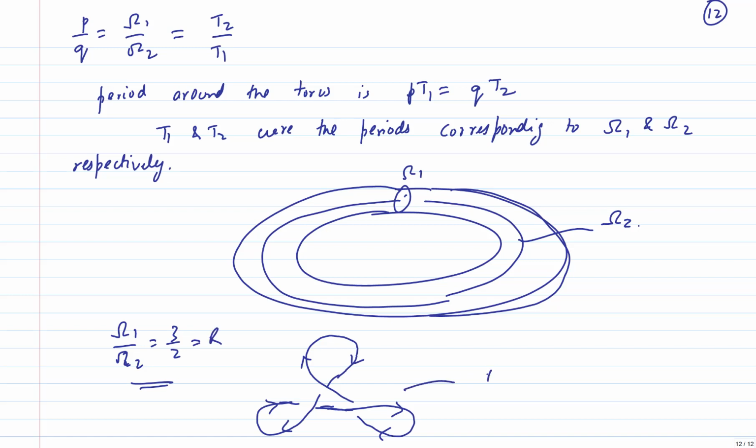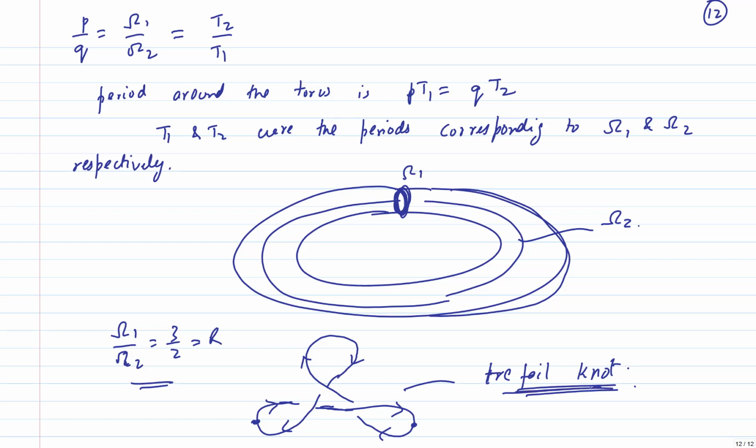You are going to get a trefoil knot, which essentially means that once you cover an entire rotation on one of the orbits, you will be covering 2/3 of the motion across the other circle. So that's called the trefoil knot.